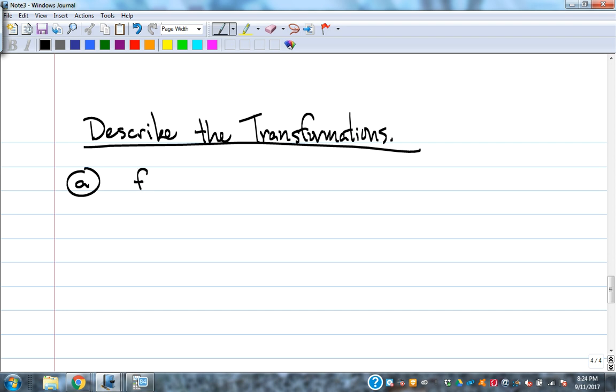Example A. Here's our function, 3x squared minus 7. We're just going to describe what's happening to the x squared, the parent function or the basic function. What does the 3 in the front do? Is it on the inside or the outside?